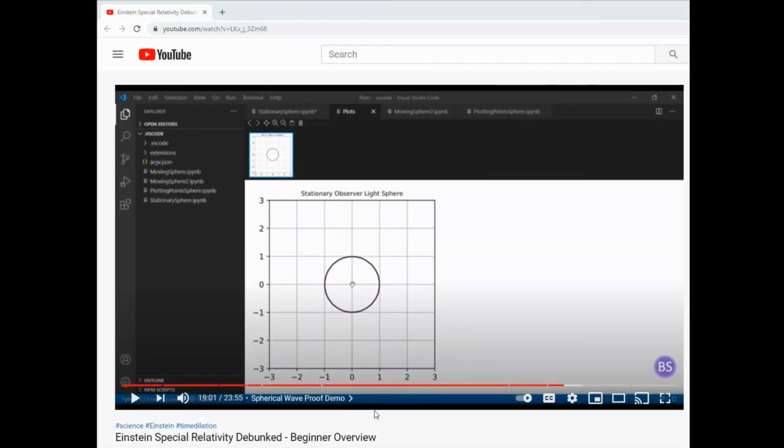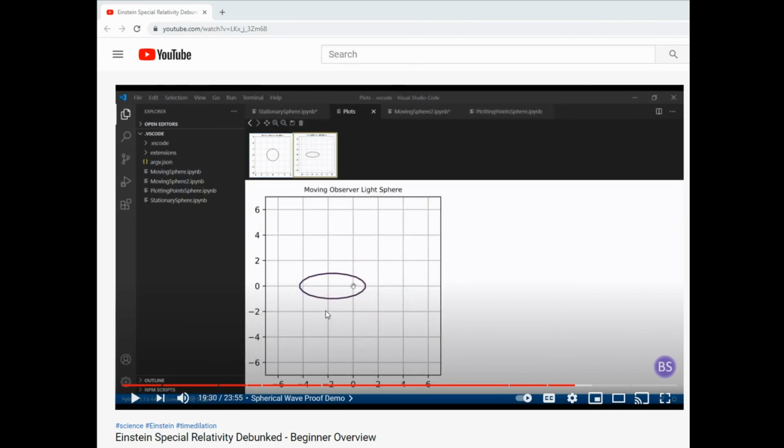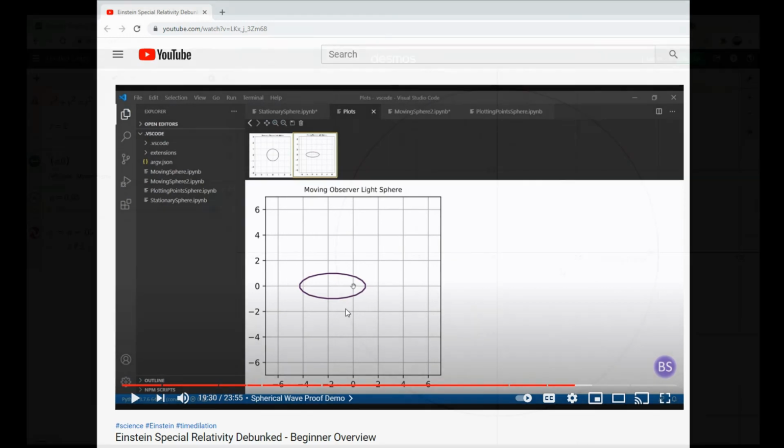So at this point, we can refer back to the spherical wave proof program I wrote in Python. We have the stationary spherical wave. When those spherical coordinates are transformed using the math equations, we get this Doppler-like looking ellipse.